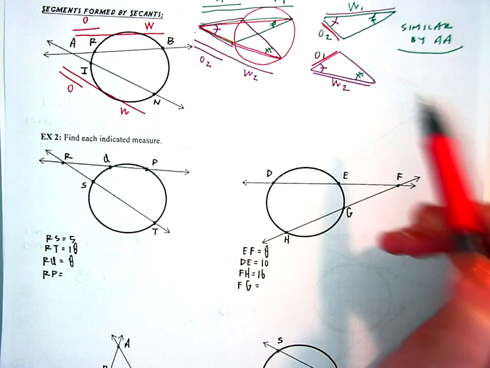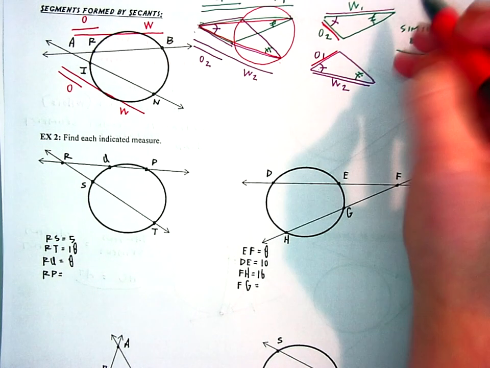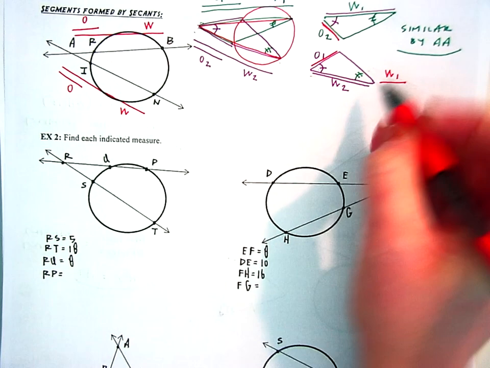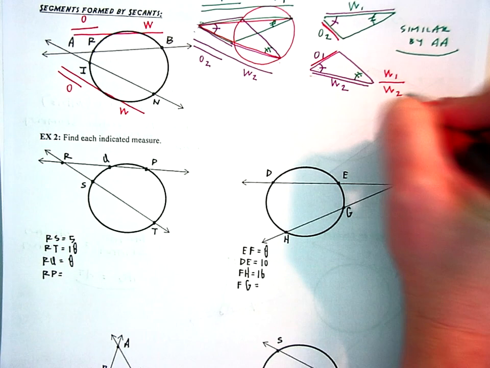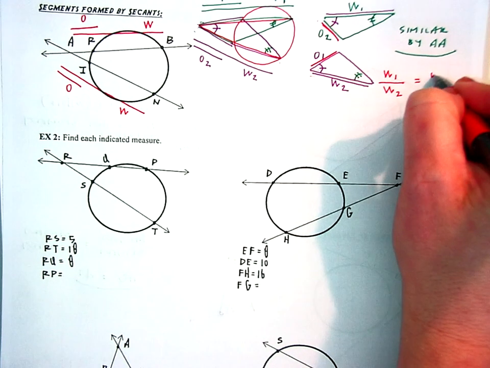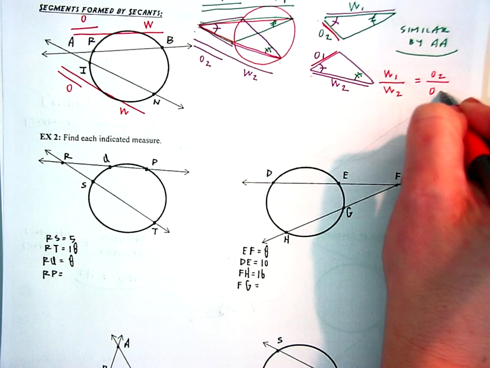So if I was to build a proportion, I could say that whole 1 is to whole 2, just as outside 2 is to outside 1.